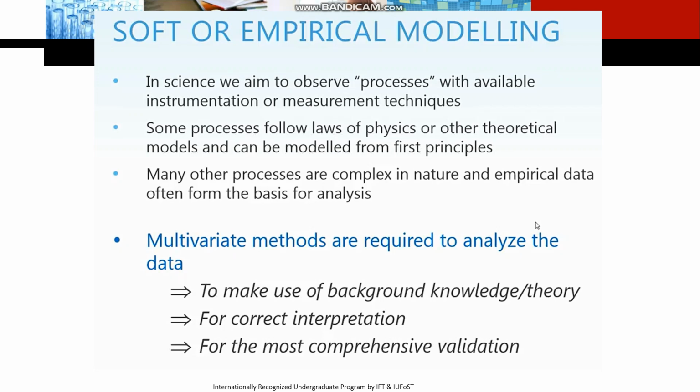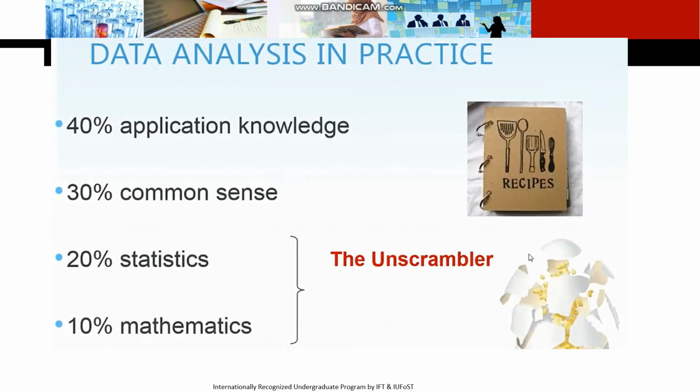Multivariate methods are required to analyze the data, making use of background knowledge or theory for correct interpretation and for the most comprehensive validation. Of course, in practice, data analysis is 40% application knowledge, 30% common sense, 20% statistics, you know what statistics means, and 10% mathematics.